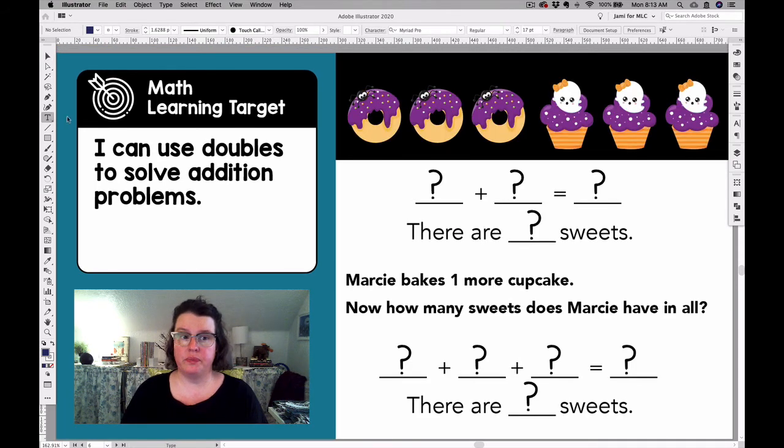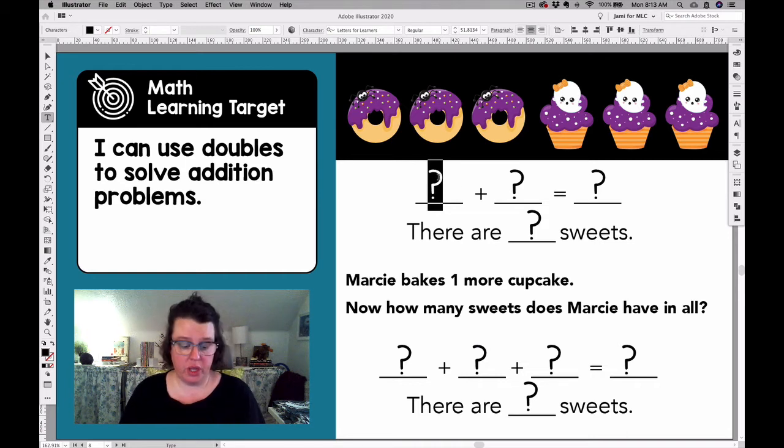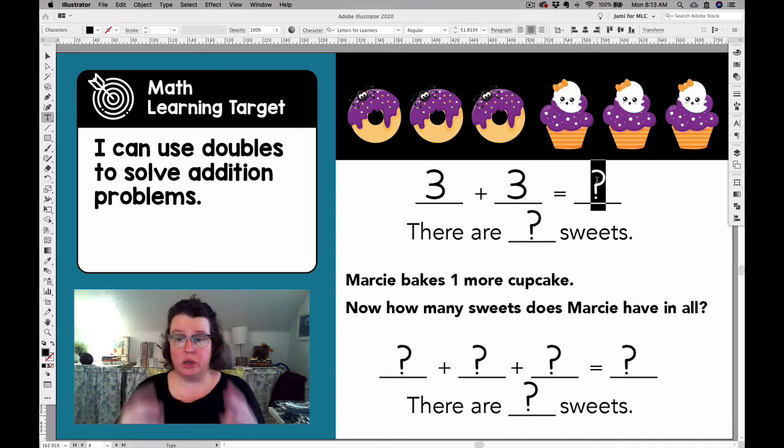All right. You just did some great problem solving on your own. Let's see what an addition equation would look like for this problem. So I know I have 3 donuts plus 3 cupcakes. And since it's a doubles problem, I know that 3 plus 3 equals 6. So there are 6 sweets. Oh, there's more to this problem.